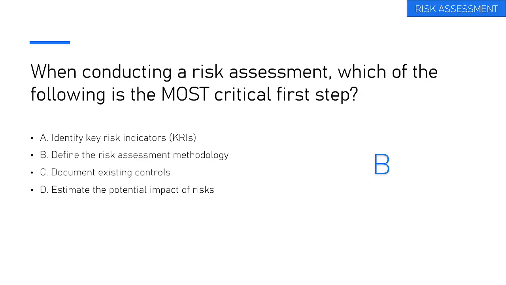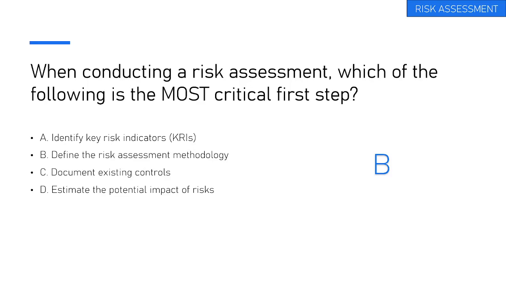Now the third one is about documenting existing controls. When you're documenting the existing controls, this is part of requirement gathering, I would say, right? It's the input that you have, but this is not the first step. The key is the most critical first step here.